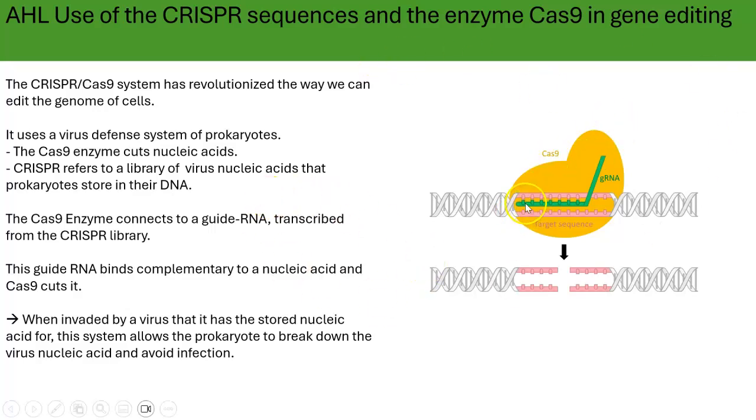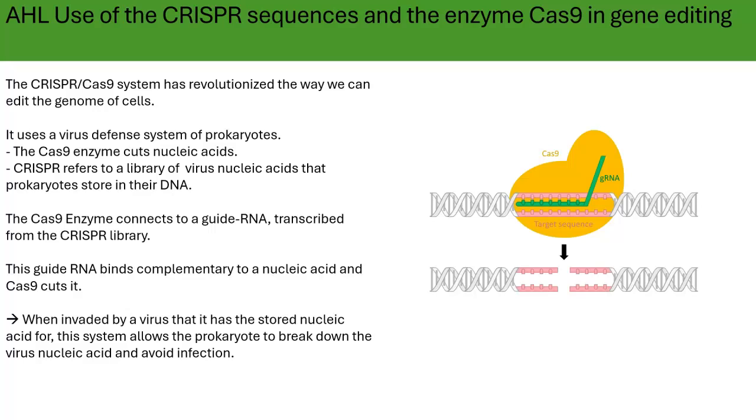Let's see if my cursor can appear, and I hope you see this highlight. But anyways, this green part here is the guide RNA. So every Cas9 is loaded with one of these guide RNAs, and the guide RNA can bind complementary to some nucleic acid. And if the guide RNA does, the Cas9 will cut.